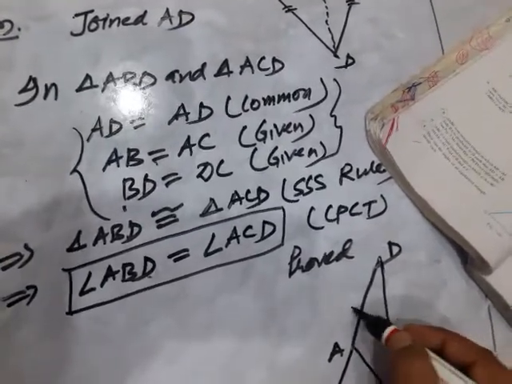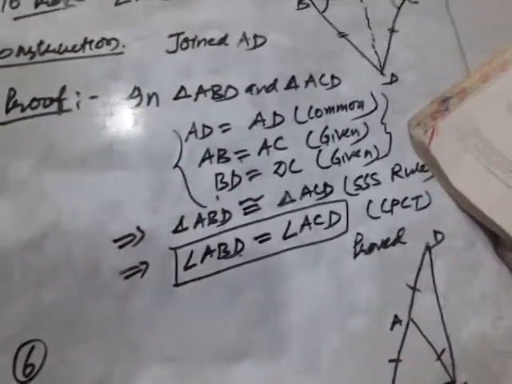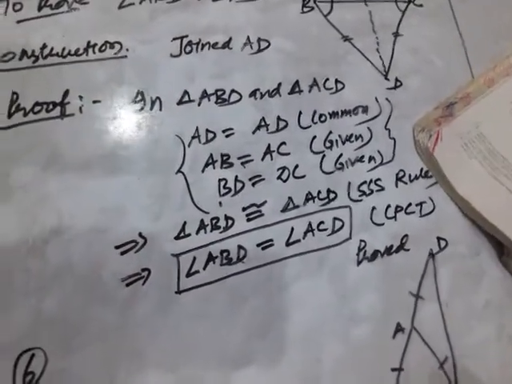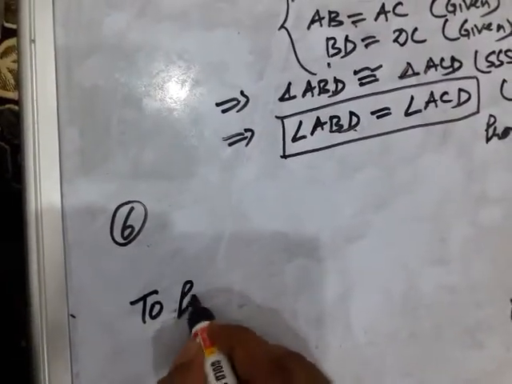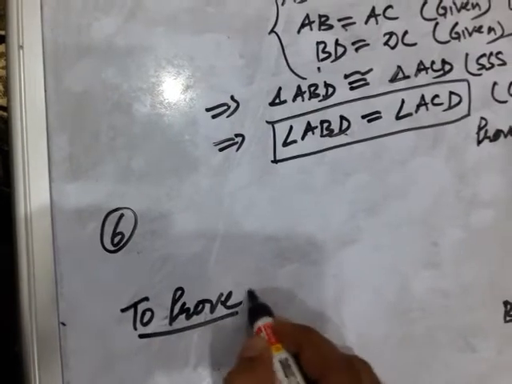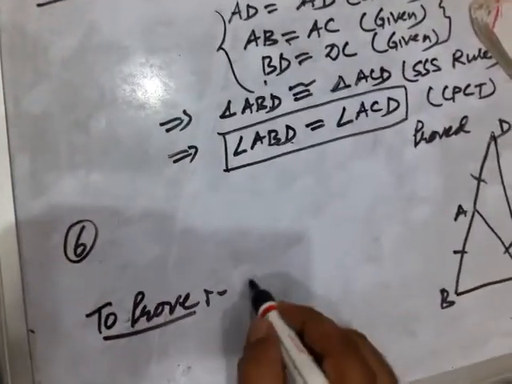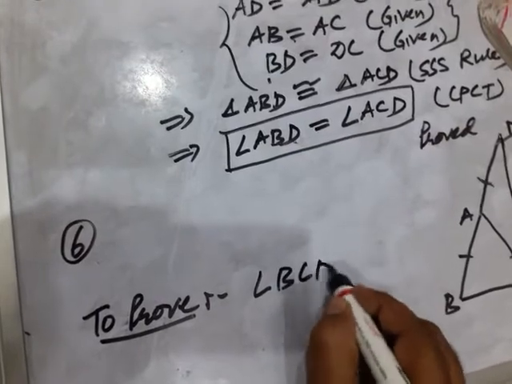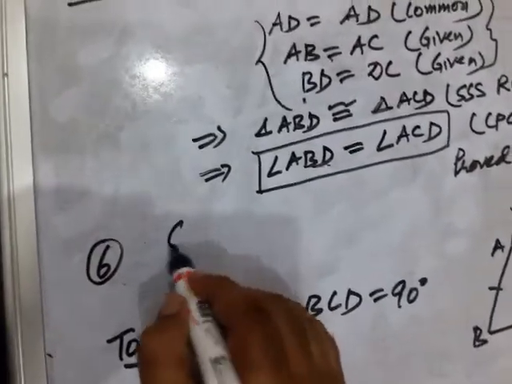Right, this is AD equal to AB. Now what we have to prove is that angle BCD equal to 90 degrees.